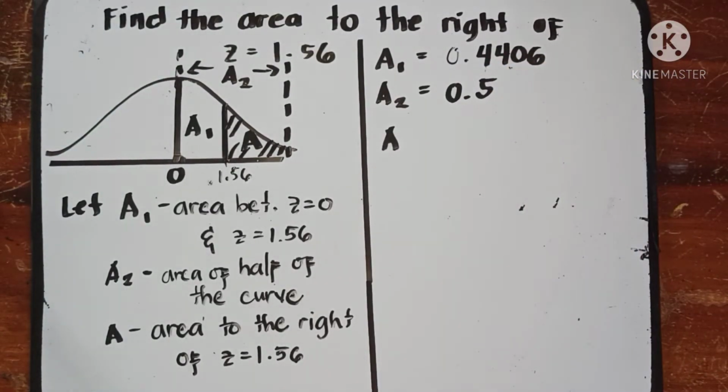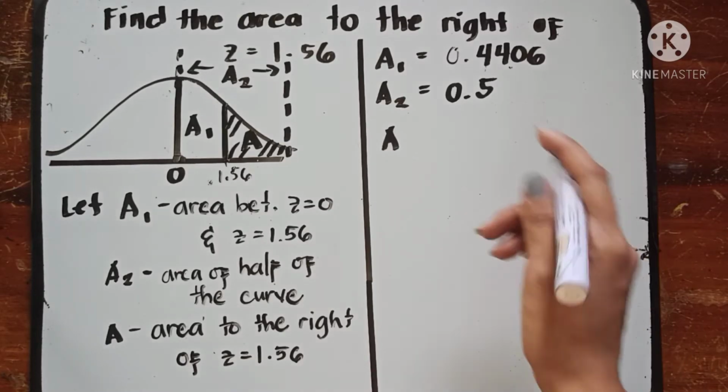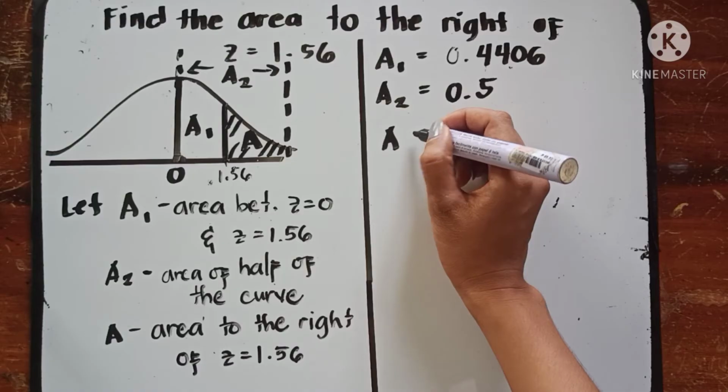Okay, so hindi mo na kailangan hanapin sa Z-table kapag ang hinahanap mo is area of half of the curve. Basta meron kang area ng half of the curve, automatic, that is 0.5.